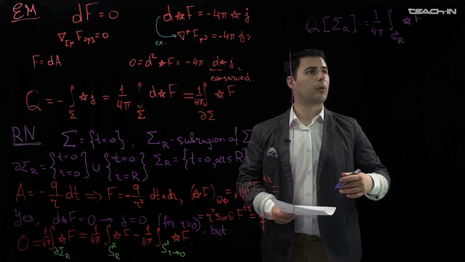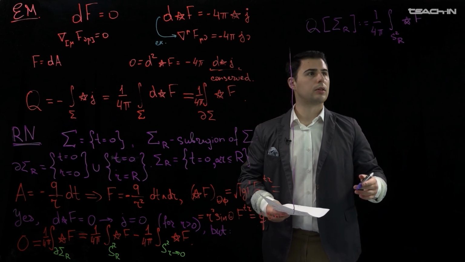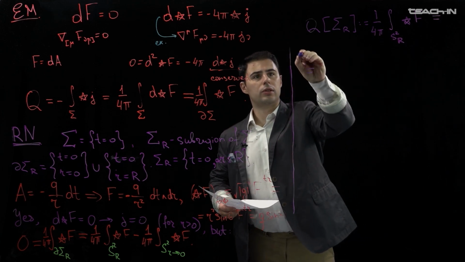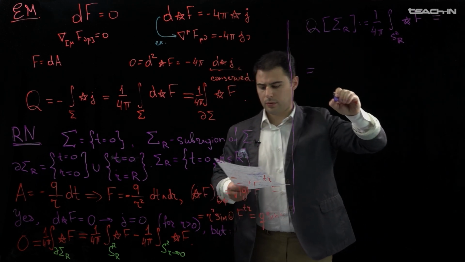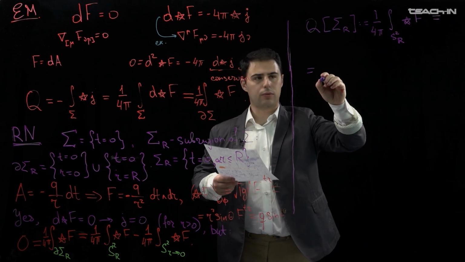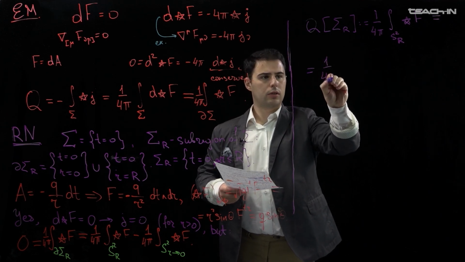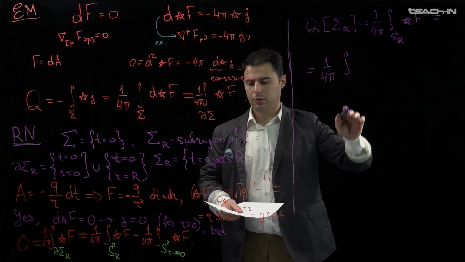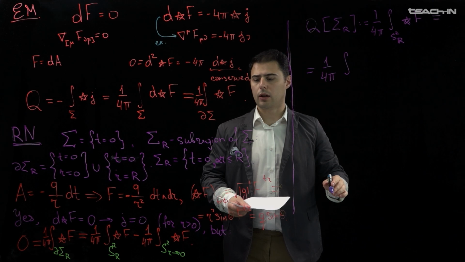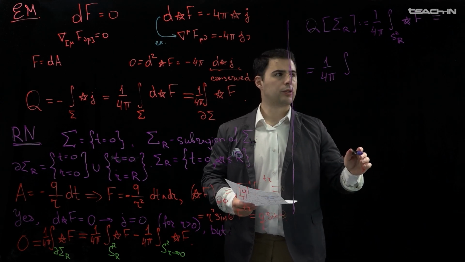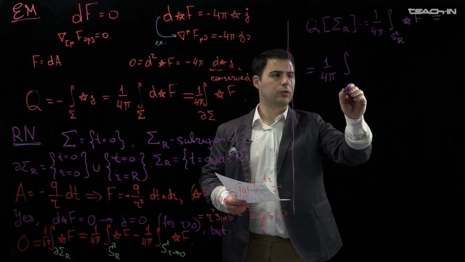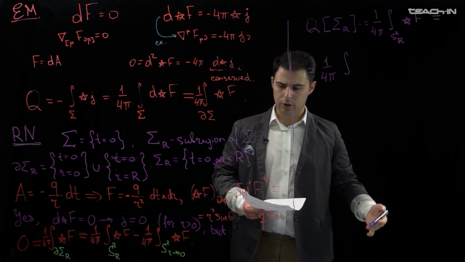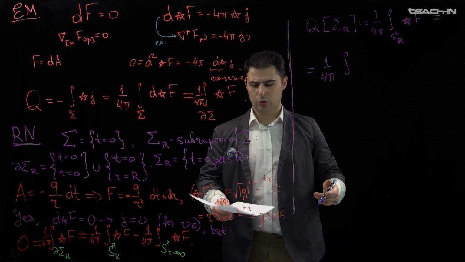We can see that this is naturally independent of r, and this is the integral of star F over the surface given in spherical coordinates. So let us write it more explicitly.